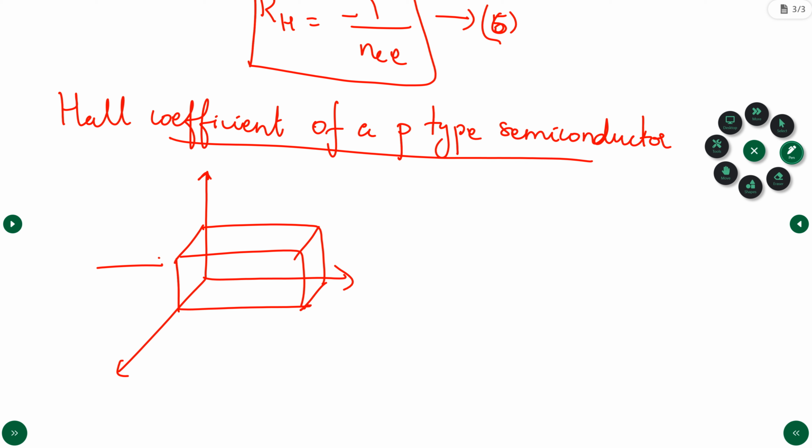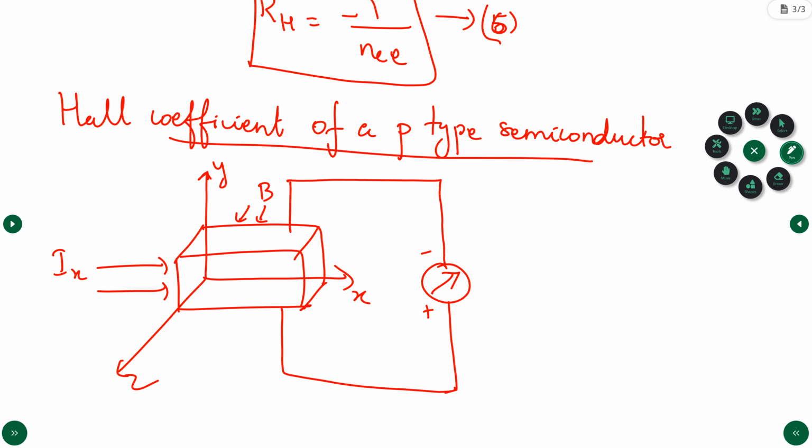Again, the current is in the x direction, the magnetic field in the z direction, and the voltage generated is in the y direction. Here the bottom one is marked as positive and this is negative. This is the voltmeter. The voltage generated is Vh. The field is marked as Eh.